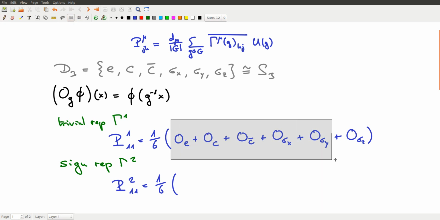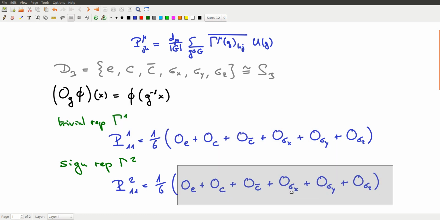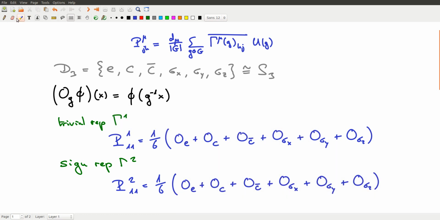And now what happened in the sign representation, let's just copy this and write the operators here. The only difference is that now the reflections come with a minus sign. So that's the next generalized projection operator.